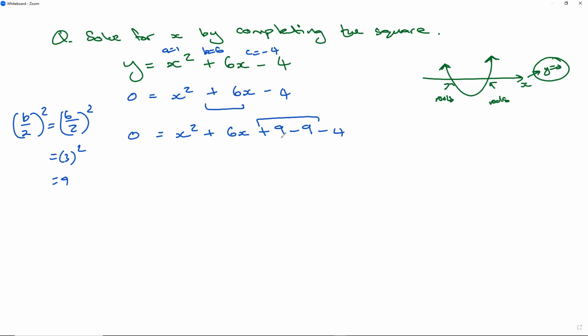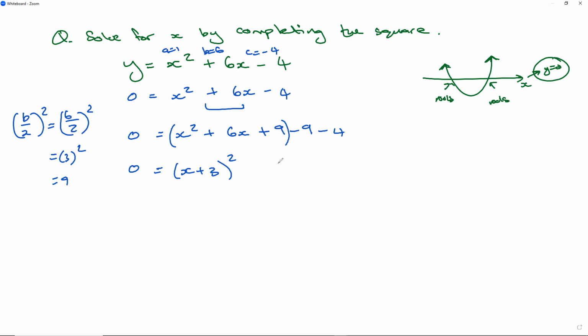Now that we have that, we're going to group the first 3 terms on the left hand side. And when I group these 3 terms on the left hand side, it will factorize into a binomial squared, a perfect square bracket.